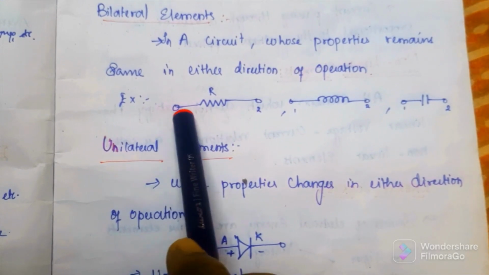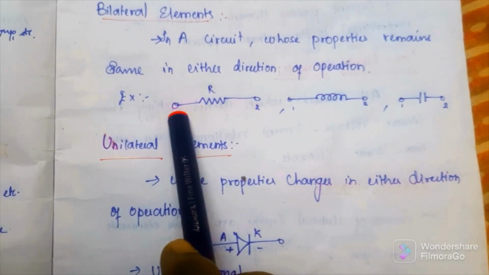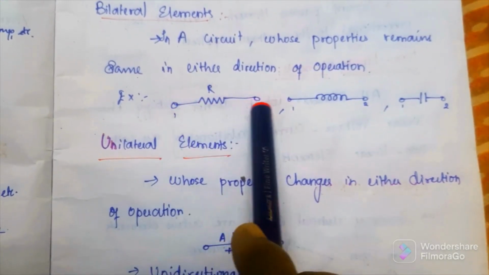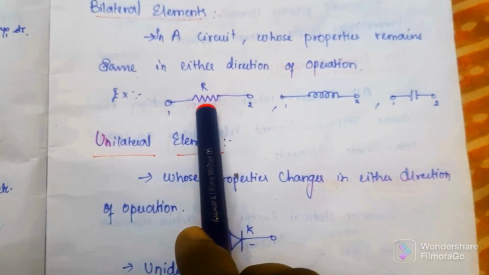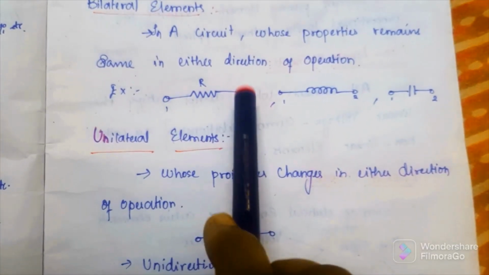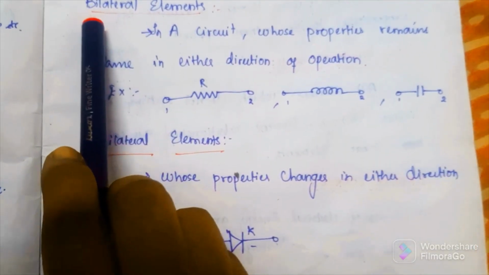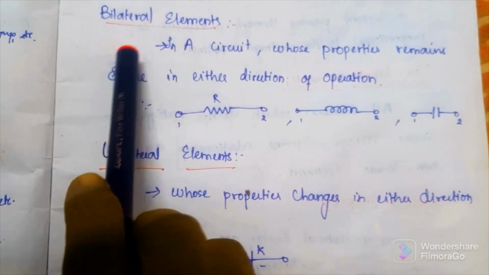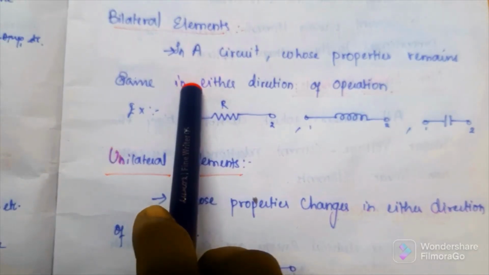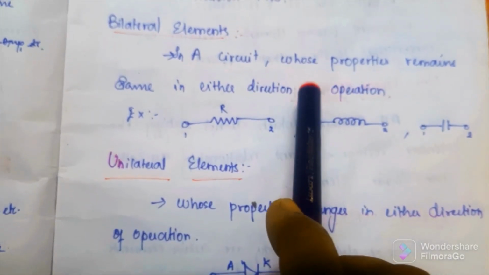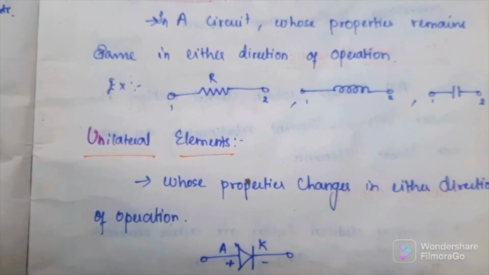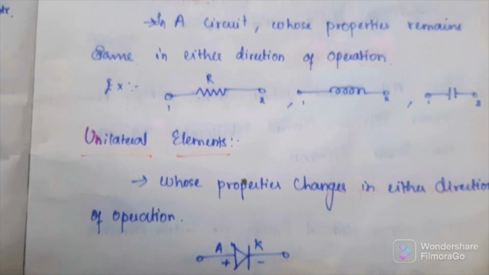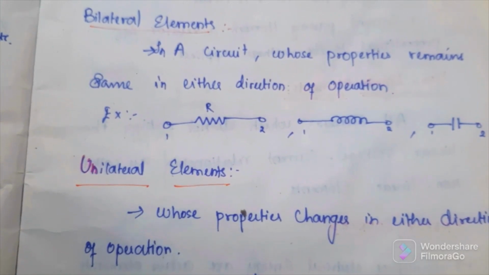We can connect in whatever direction, and the properties are the same. It does not change in both directions. That is called bilateral elements. So bilateral elements means a circuit whose properties remain the same in either direction of operation.